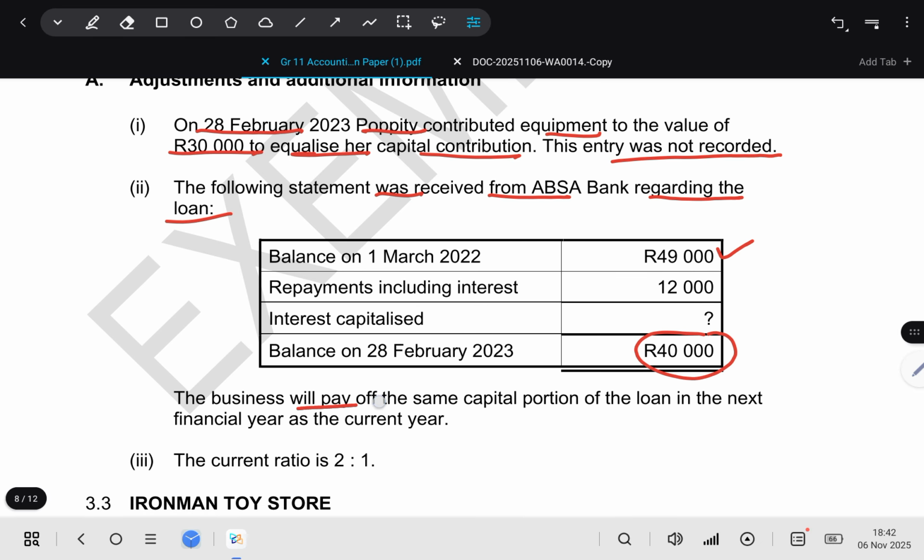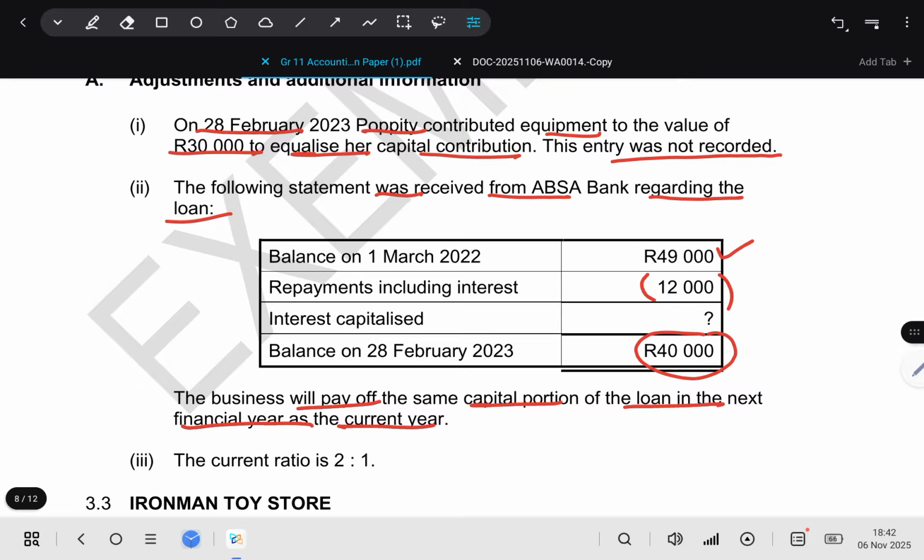Here they're saying the business will pay off the same capital portion of the loan in the next financial year as the current year. So what they paid this year is what they are going to pay in the next year. So we know that if we take 49,000 and then we minus this, it won't give us our closing balance.